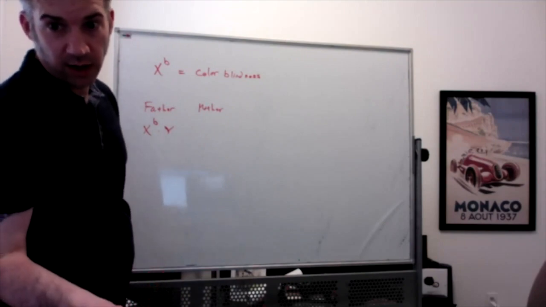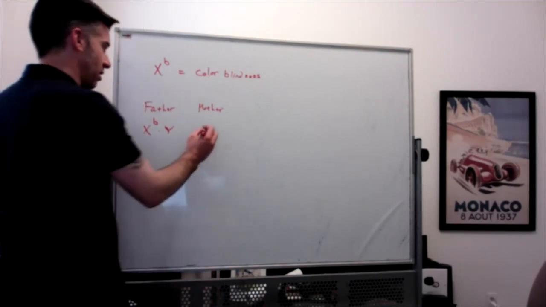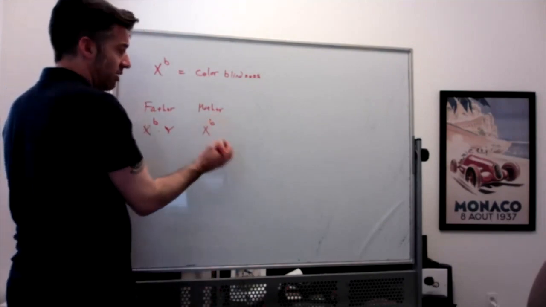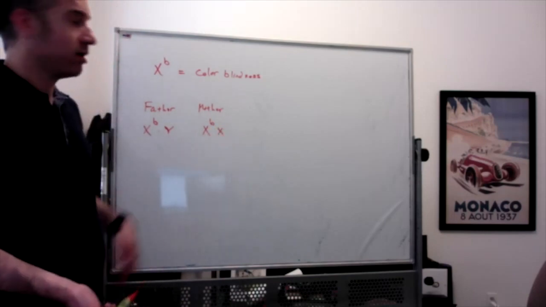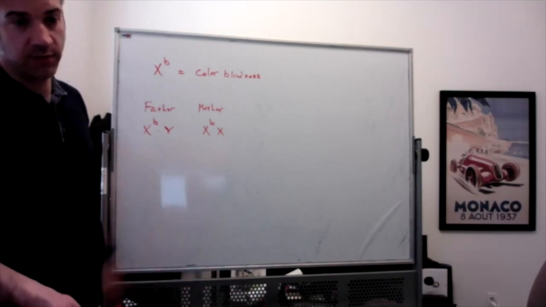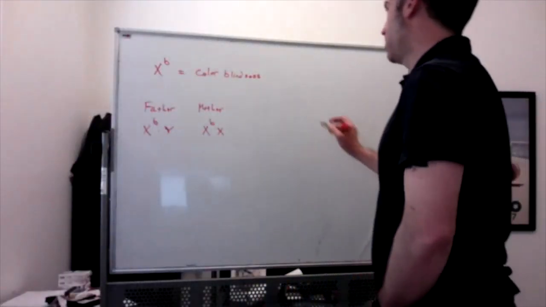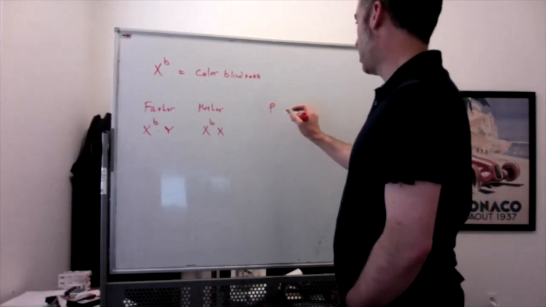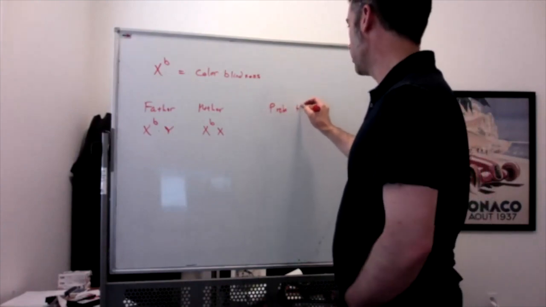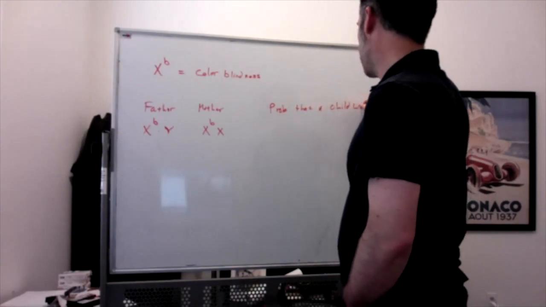Oh, no, we did say that she carries the color blindness gene as well. She carries, but is obviously asymptomatic. So she has one color blindness gene and one not. Great. So we want to know what's the probability that their child would be colorblind.